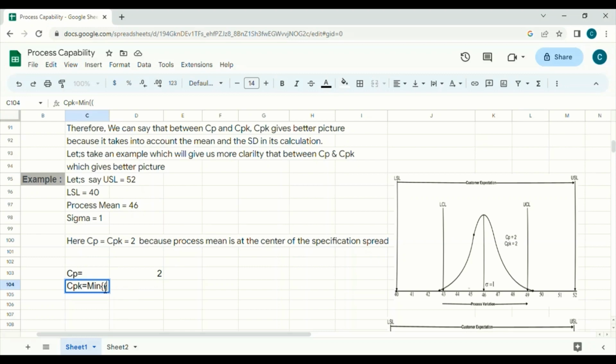CPL is mean minus LSL divided by 3 into standard deviation, and CPU is USL minus mean divided by 3 into standard deviation.